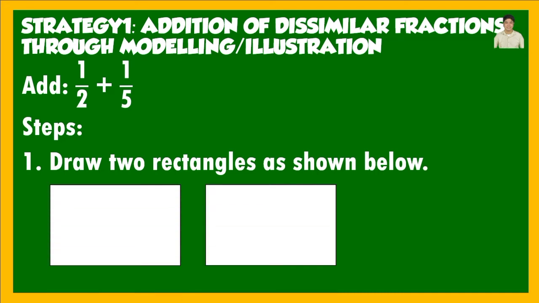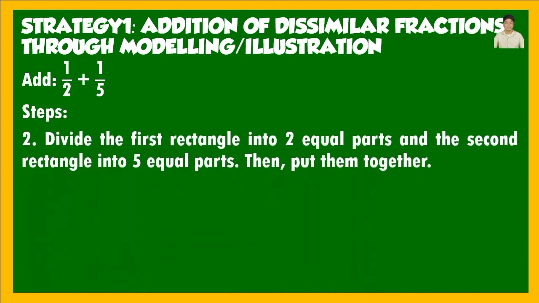Ayan po. Yung unang rectangle natin, intended po siya para dun sa 1/2. And then yung second rectangle naman natin is para dun sa 1/5. Next step, number 2. Divide the first rectangle into 2 equal parts and then the second rectangle into 5 equal parts. Then put them together.